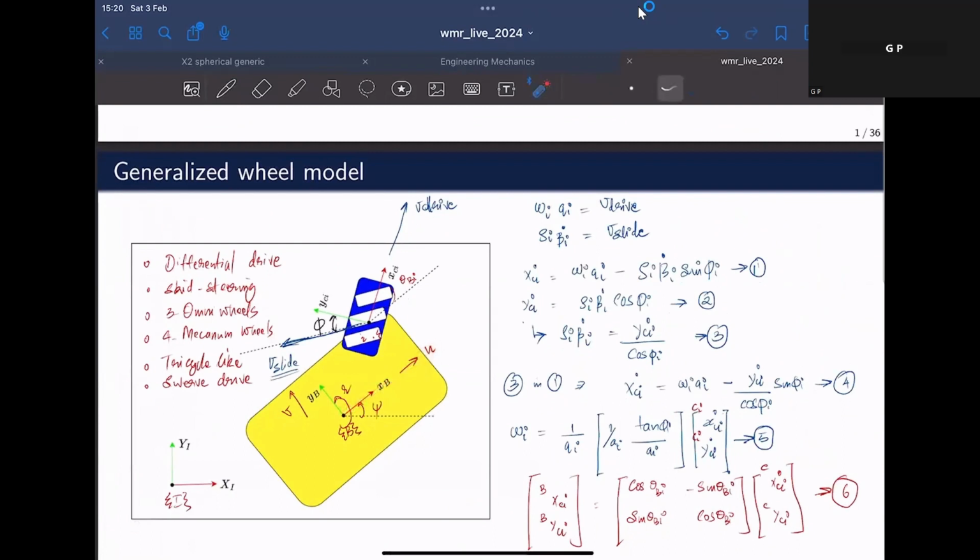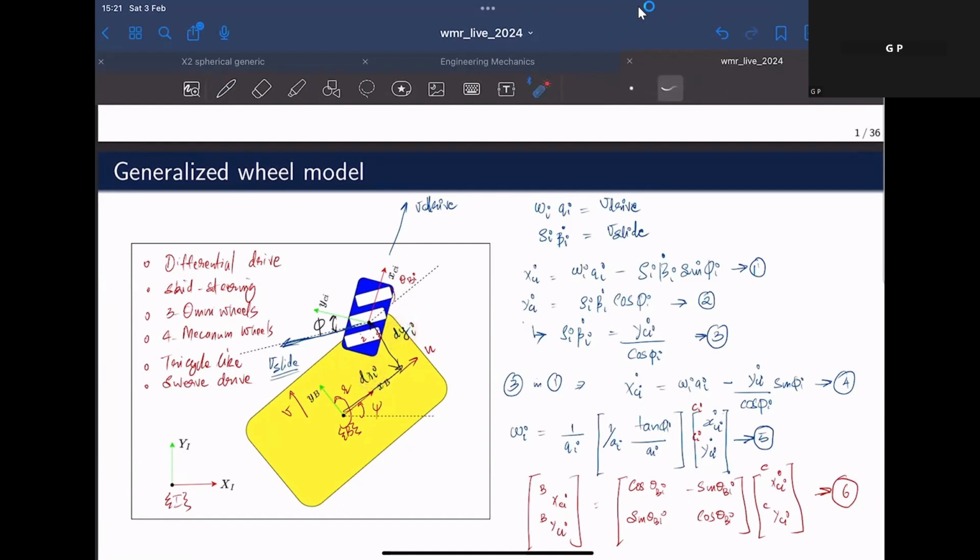Since there is also an angular velocity component, there will be a linear velocity component due to it, which is nothing but omega cross r. If I label this distance as dyi, the x and y coordinates of the center of the C frame with respect to the B frame would be dxi and dyi.